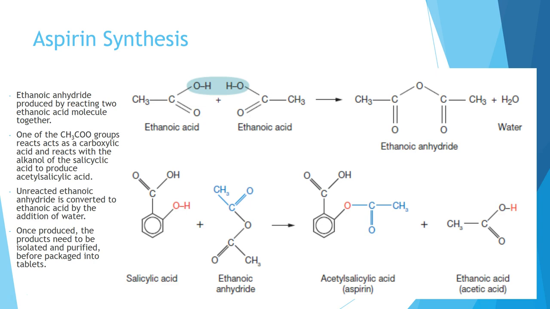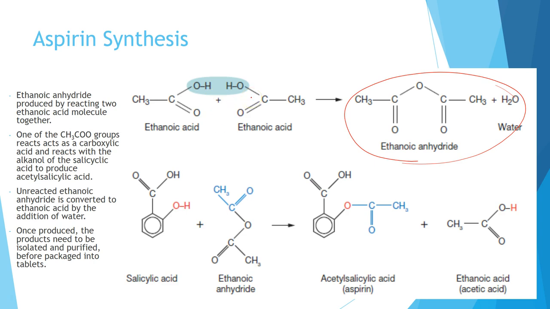You do need to be familiar with the synthesis mechanism for aspirin. Generally we use ethanoic anhydride for the production of aspirin, and we'll be doing that in our lab. This is essentially the condensation reaction between two ethanoic acid molecules.